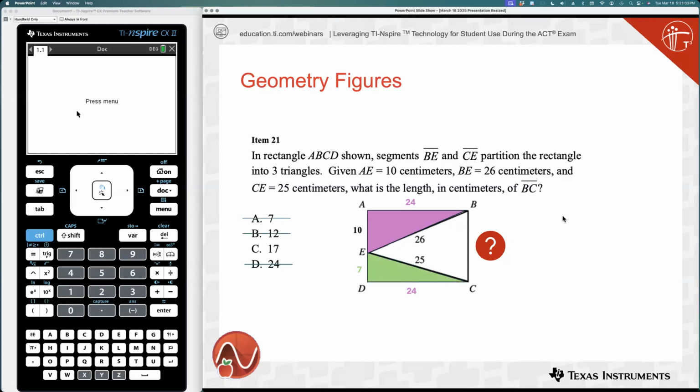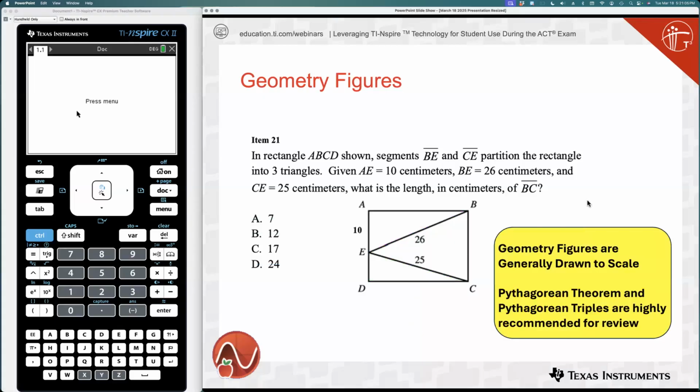So I'm so happy that our participants on a Tuesday evening are ready to do some math and jump to it. But we do want to remind people that geometry figures are generally drawn to scale. I know my kids will take the test on their Chromebook. I try really hard. Please make your screen as bright as possible. Take that work paper, put it on the screen. Go ahead and trace.